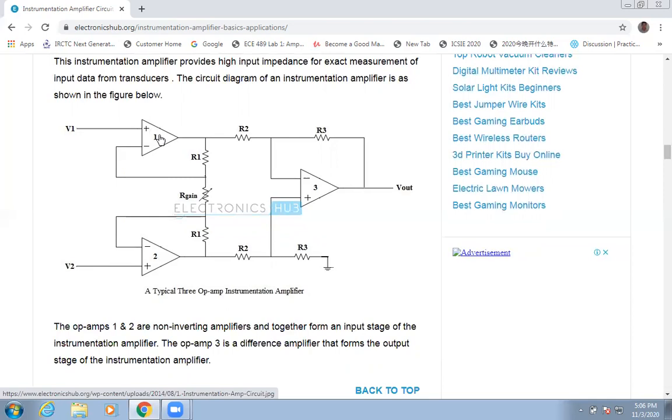These op-amp 1 and op-amp 2, which are placed in non-inverting configuration, together form the input stage of the instrumentational amplifier. Op-amp 3, that is this one, is a difference amplifier that forms the output stage of the instrumentational amplifier.